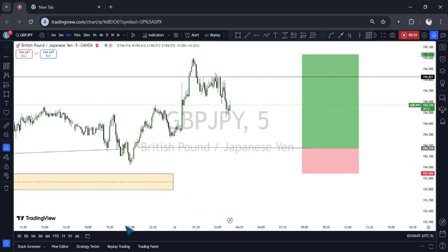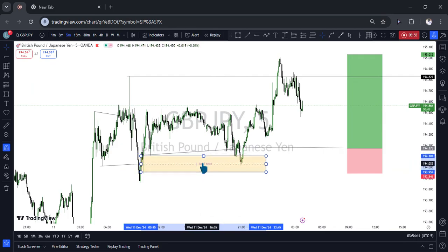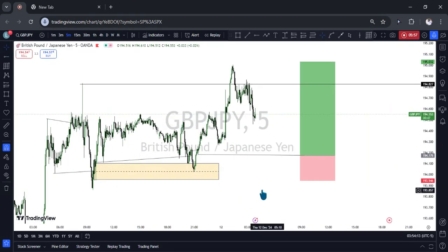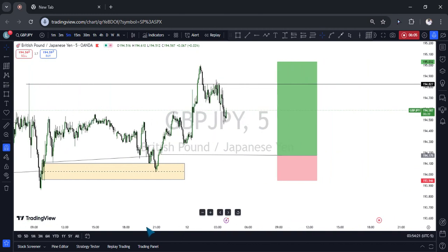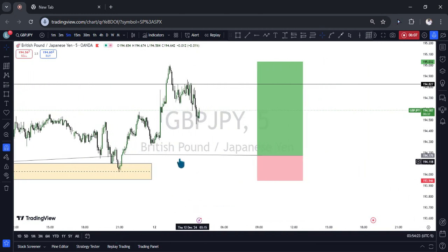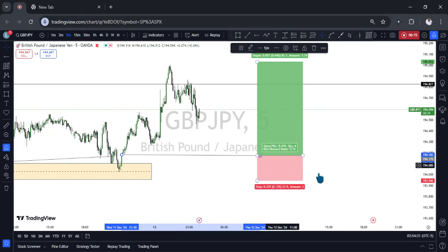The reason is that it has mitigated this order block around this area. So I'm looking forward to this area as my inducement. You can either use this place or this one. I prefer to use this one, and that is where my entry is, right?